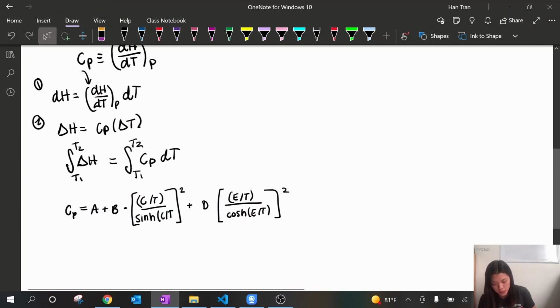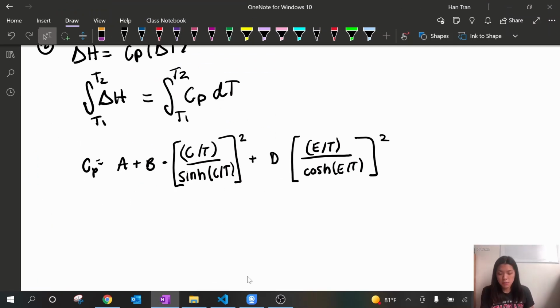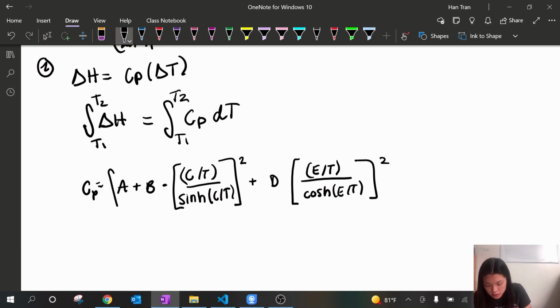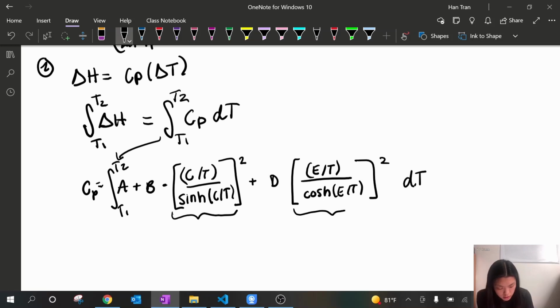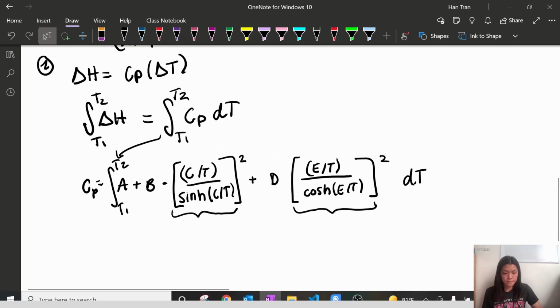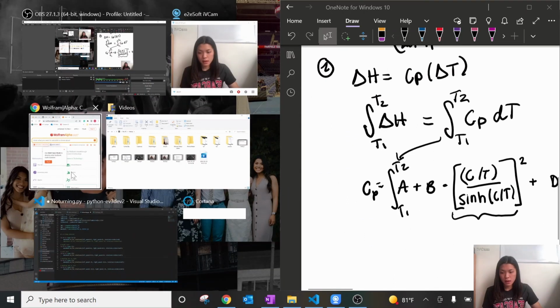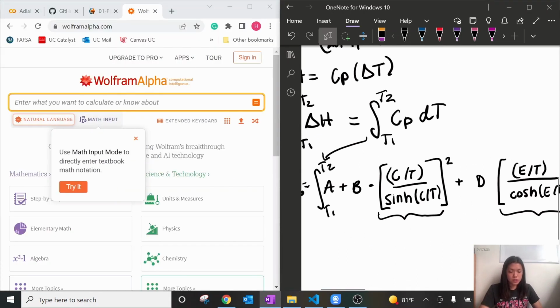And so now that we have this equation for the ideal gas heat capacity, we need to find the integral of it with respect to temperature. Since A, B, and D are constants, we're just going to be finding the integral of these parts. So we're heading on over to Wolfram Alpha and putting this first part into the integral calculator.